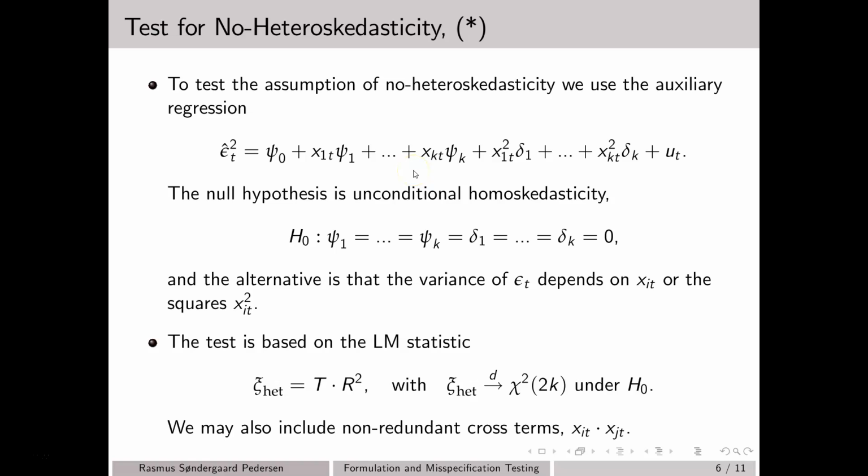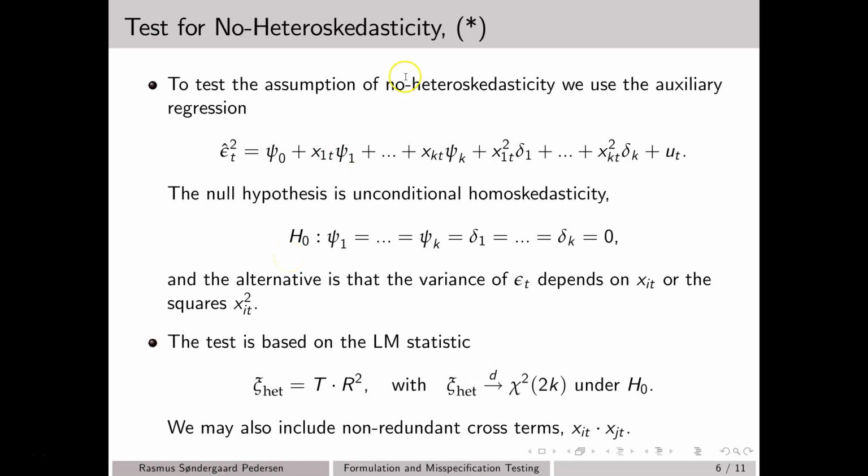The null hypothesis is that the error terms are homoscedastic, meaning that all of these phi parameters and the delta parameters are jointly equal to 0. And the alternative is that at least one of these parameters is different from 0, meaning that the variance of the error term depends on at least one of these regressor variables.